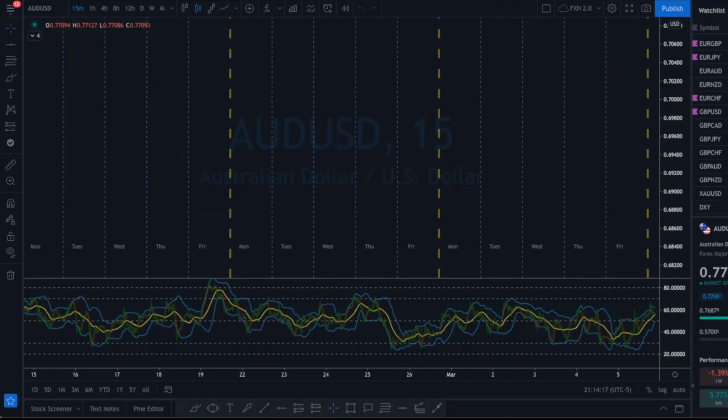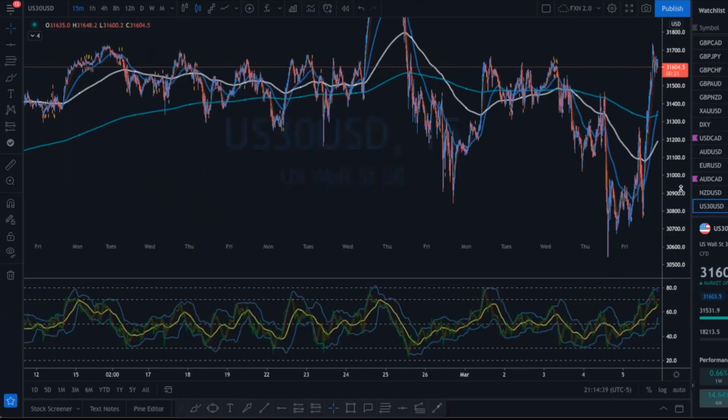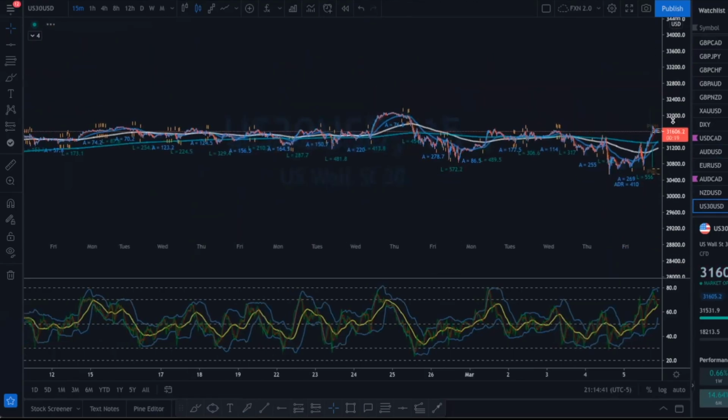Yeah, one that we haven't done in a while. What about Euro AUD? I mean, we've done Euro NZD, but I don't think we've ever done the US 30. Anybody ever done the US 30 before? Dow Jones? No, but I want to.